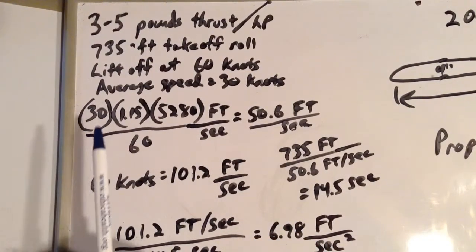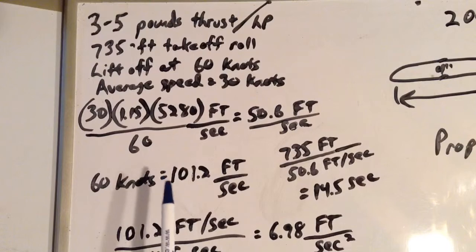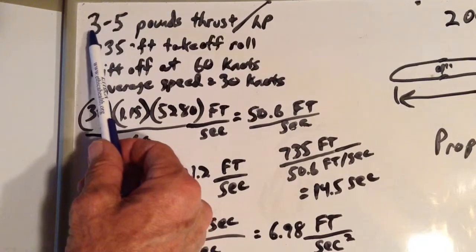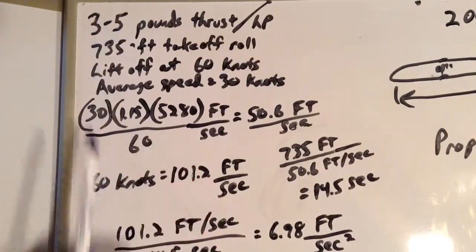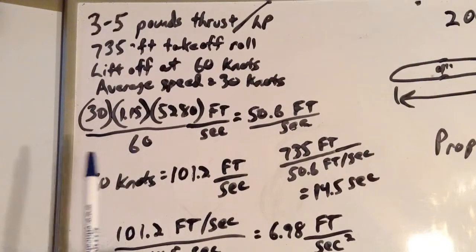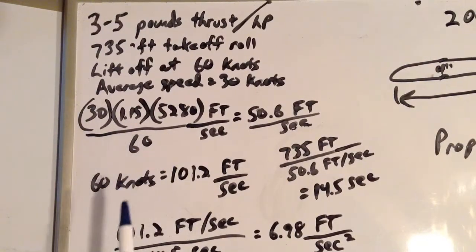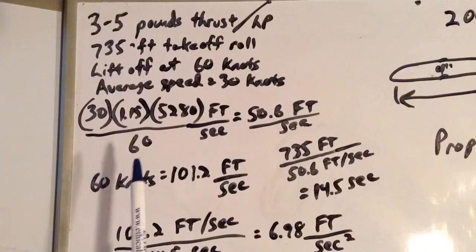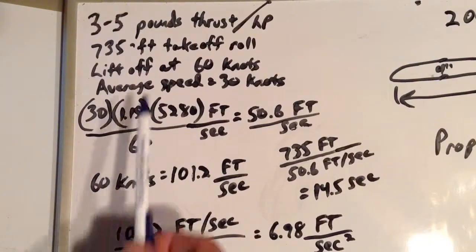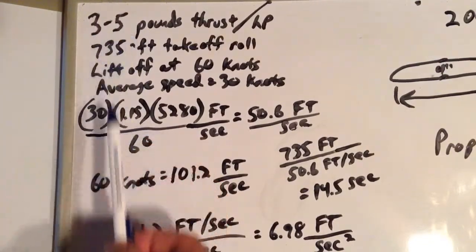And since a Cessna 150 flies rather slow, I figured it was probably more on the high end of this 3 to 5, because power is equal to force times distance per unit time. And if your distance per unit time isn't much, then your force is going to be a little higher.